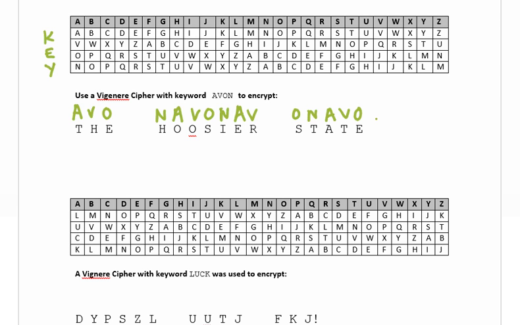That's okay. Remember that this is my plain text up here. And so what I'm trying to do is look for the right key and the right plain text letter, and that will intersect at the code that I need.